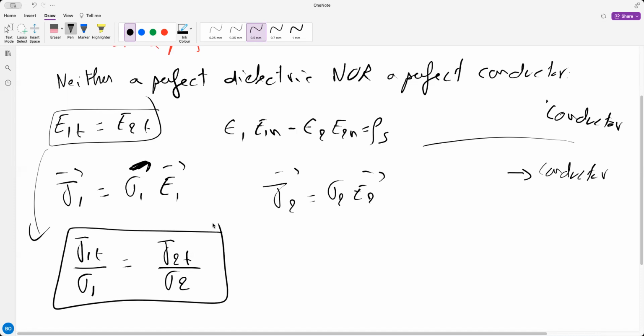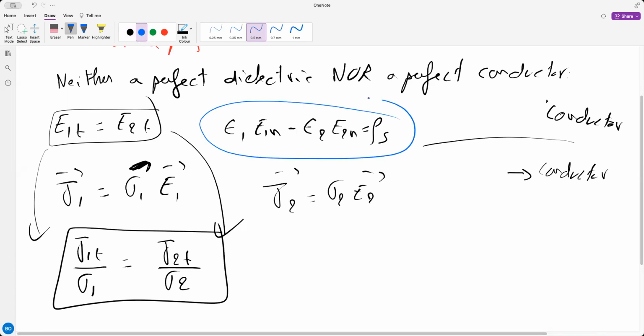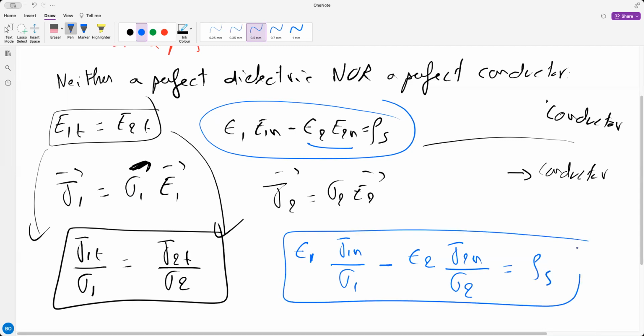So we get this from the first boundary condition. From the second boundary condition, we can also do the following. Epsilon 1 E1n is equal to J1n, the normal component of the current density divided by sigma 1, minus epsilon 2 times J2n divided by sigma 2, is equal to rho S. Okay.